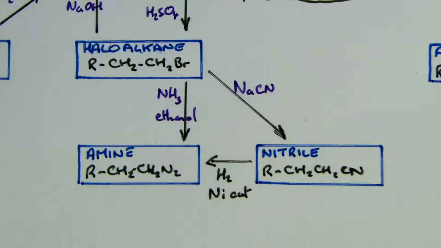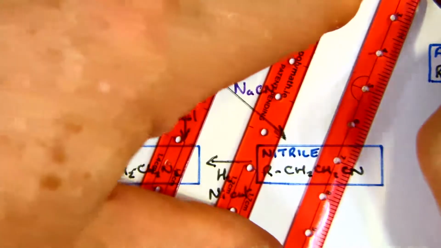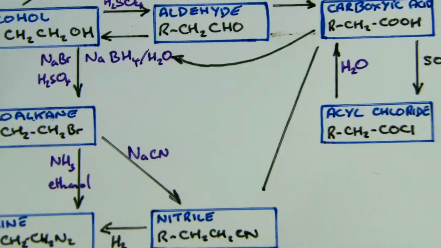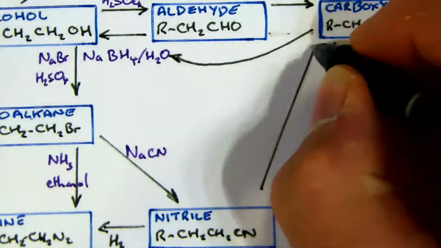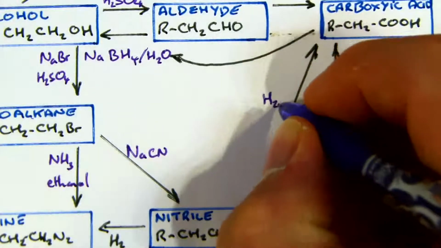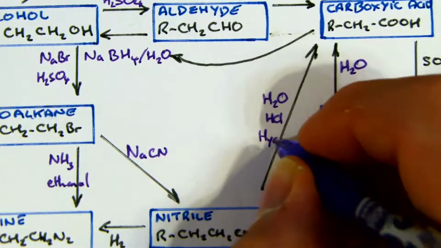Well, my nitrile, I can get clever, and with my nitrile, we can go all the way up to a carboxylic acid. And to do this, I would just use water and HCl and do a hydrolysis.